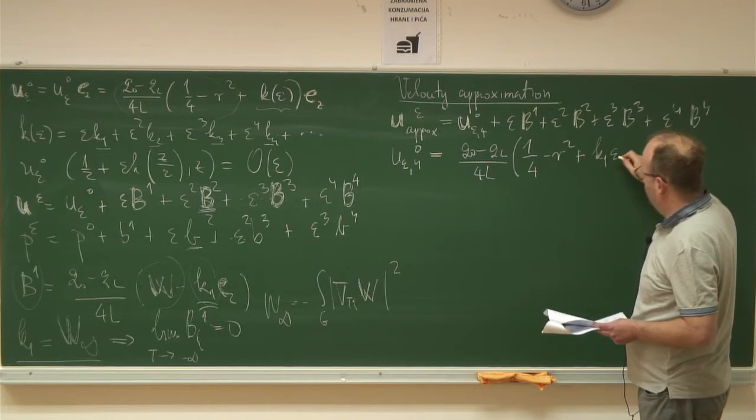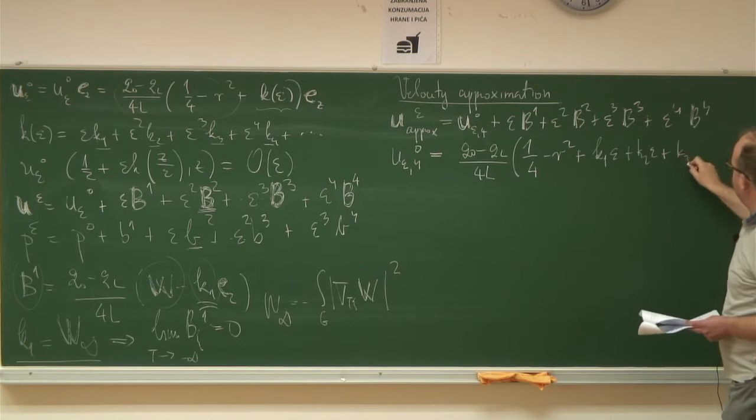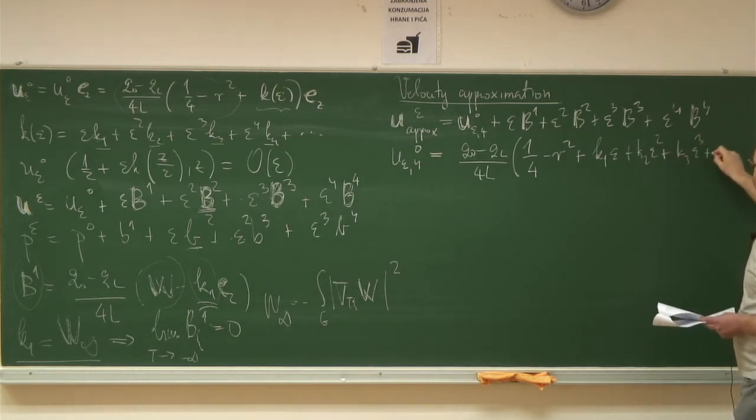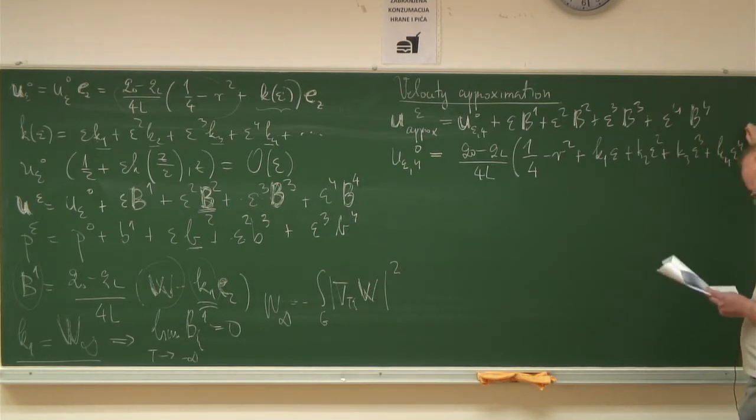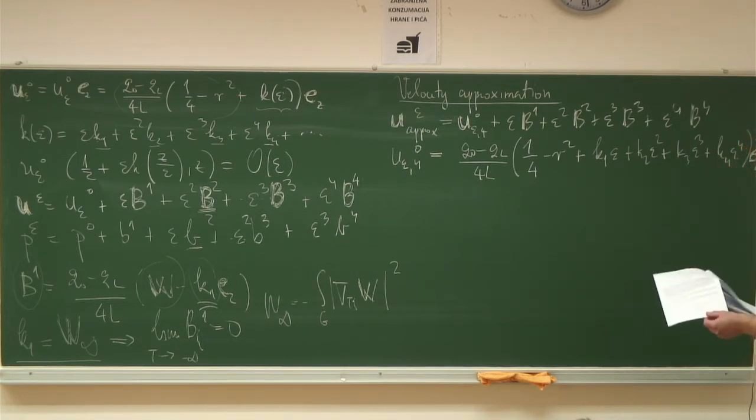So k1 epsilon, k2 epsilon, k3 epsilon, k4 epsilon, and this one, of course, in the longitudinal direction. So from now on, we only write the longitudinal components, since it is obvious that the radial one is of no interest here.